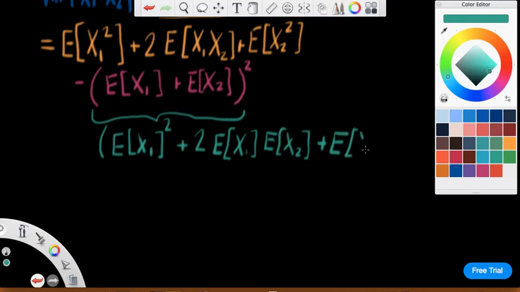Not x squared, x2. Misspoke there. Squared. Good. So remember, we are subtracting all of these things. So I will demonstrate which things cancel out here.